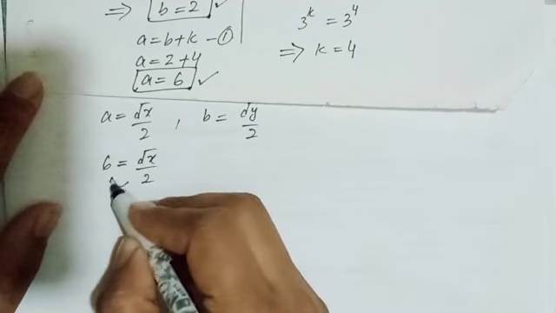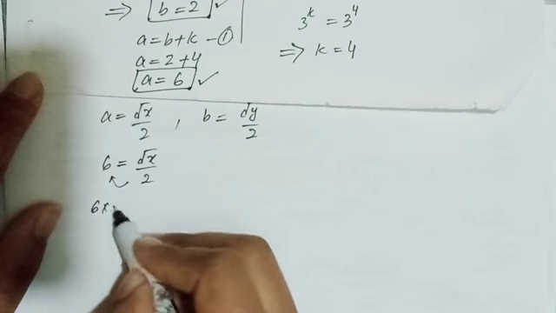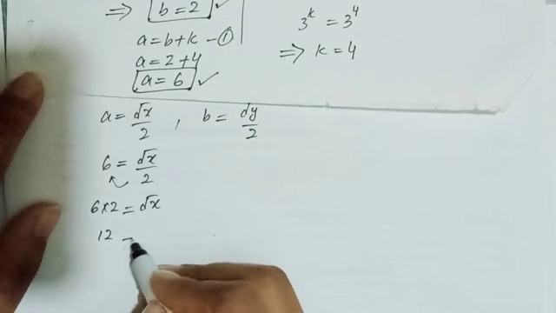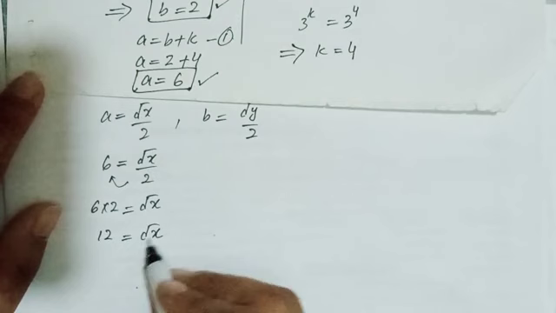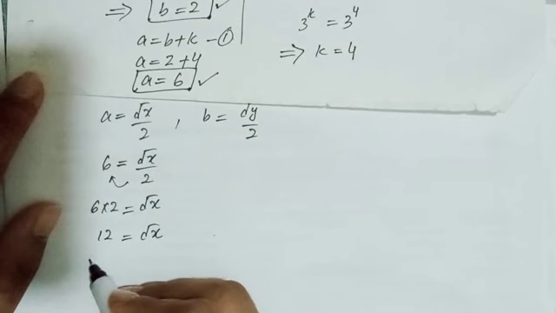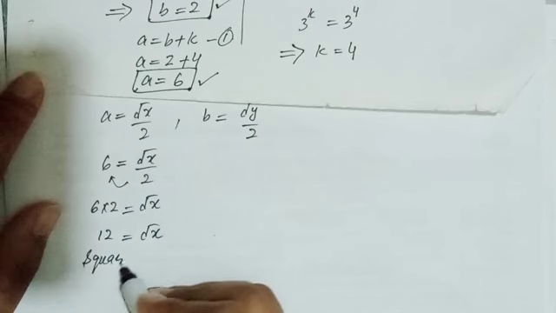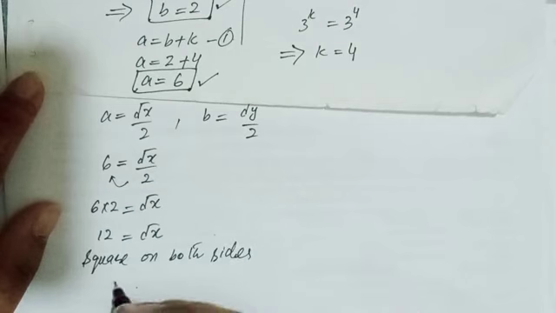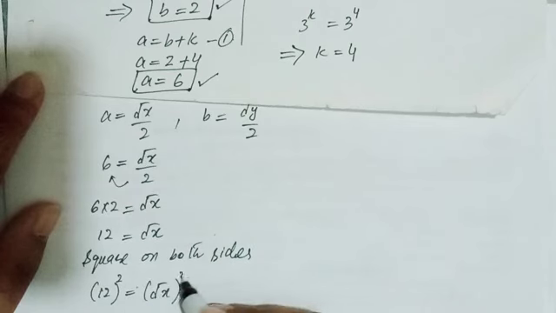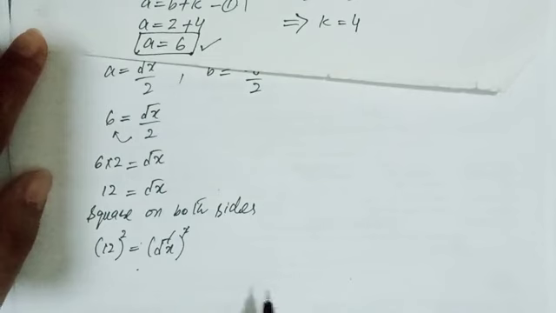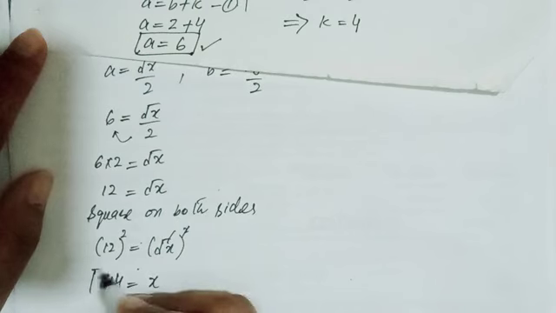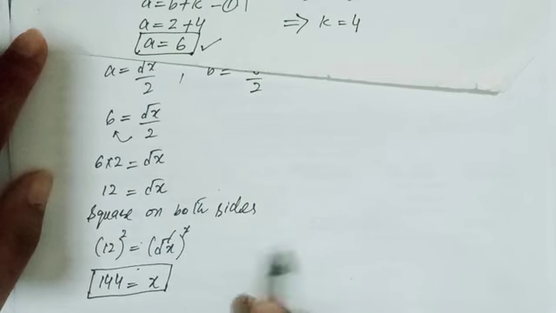It will be multiplying the opposite side: 6 multiplied by 2 is equal to square root x, so 12. And to cancel the square root, I will take the square on both sides. So it will be 12 squared equals square root x squared. So it will be 144. x is equal to 144.